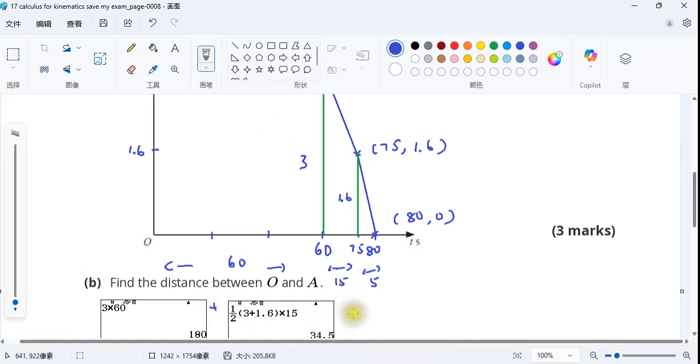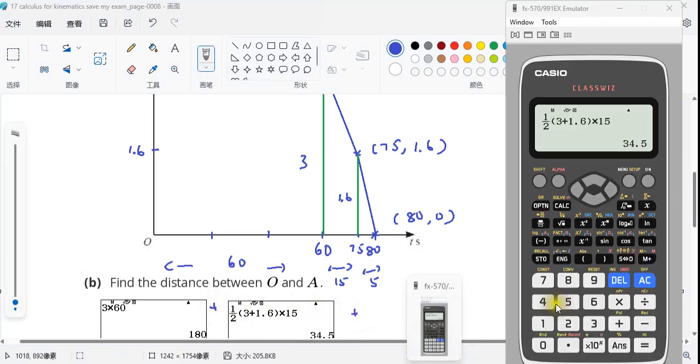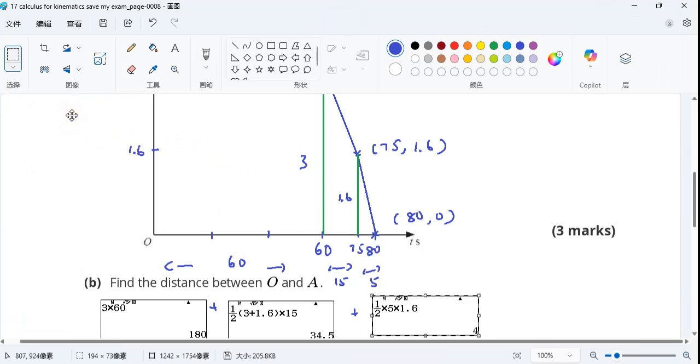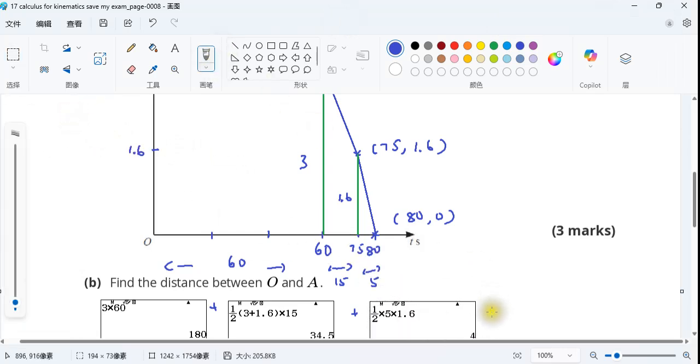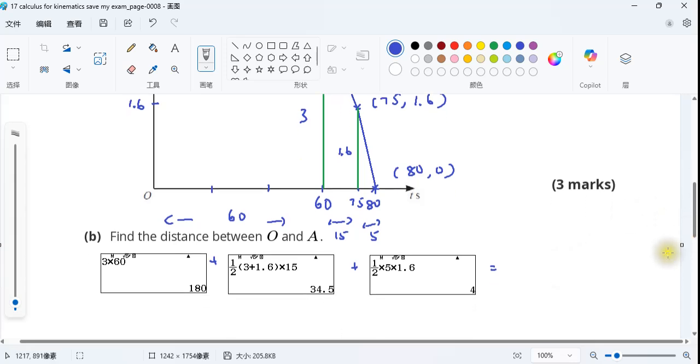And the last part will be half times 5 times 1.6, which is 4. So the total distance traveled will be 218.5 meter.